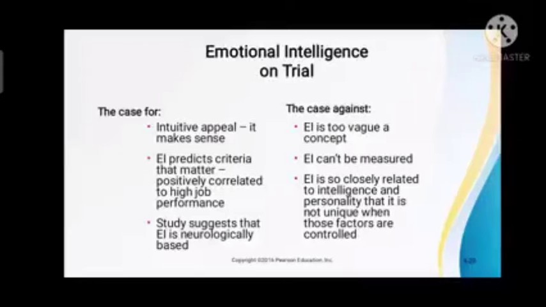Many studies have shown that emotional intelligence is neurologically based and thus helpful in predicting behavior. However, emotional intelligence has its critics, as the concept can be seen as too vague and not easily measured. Since it is so closely related to intelligence and personality theories, it is not seen as unique when those factors are controlled.